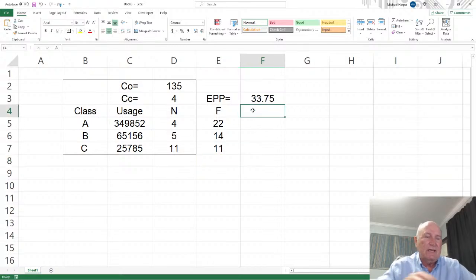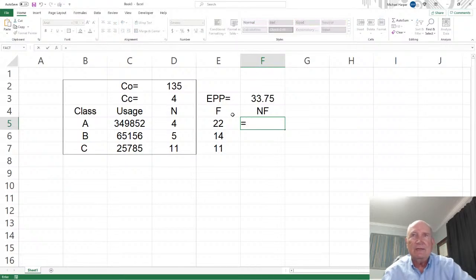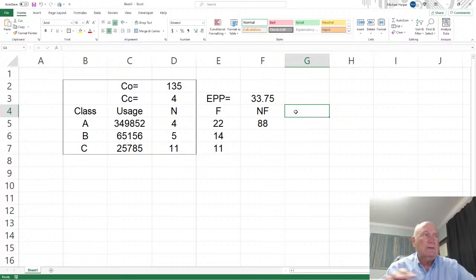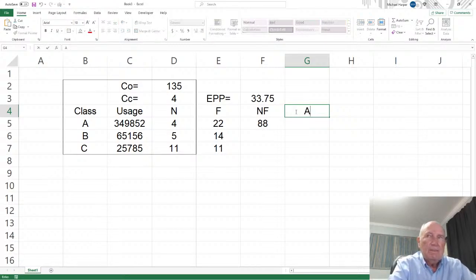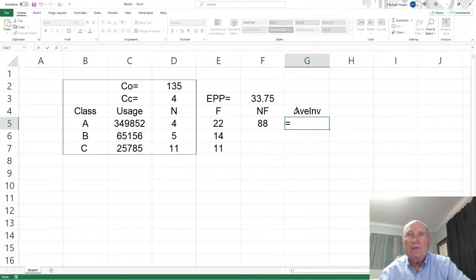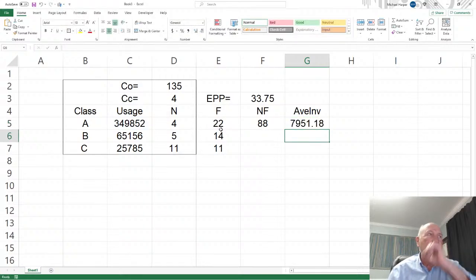The first thing is NF, the number of orders, which is simply N times F. The next is the average inventory. If you recall, that equals the usage divided by the frequency, divided by 2.